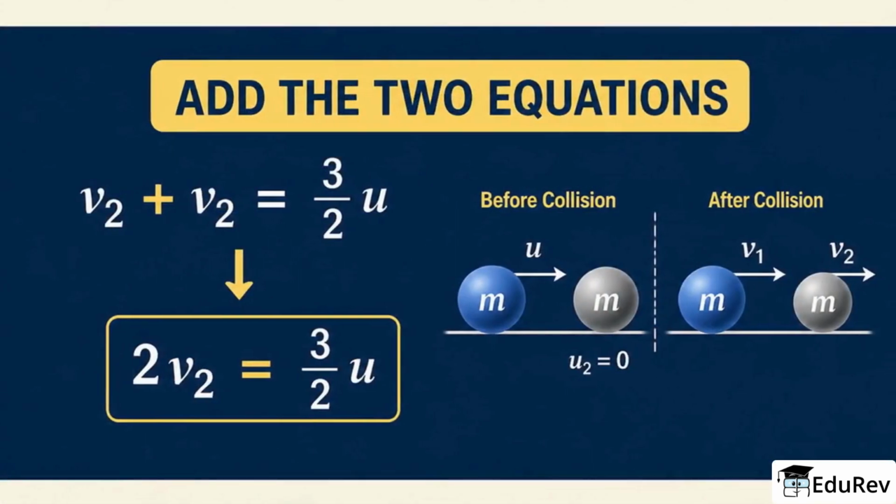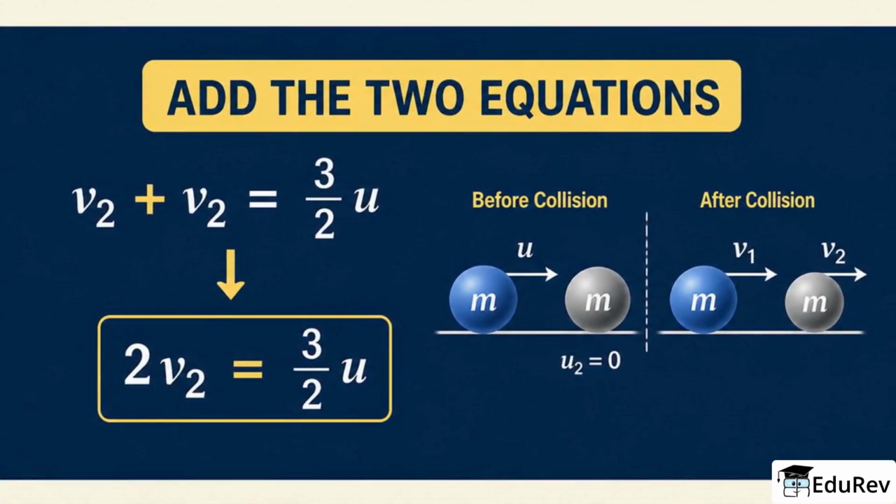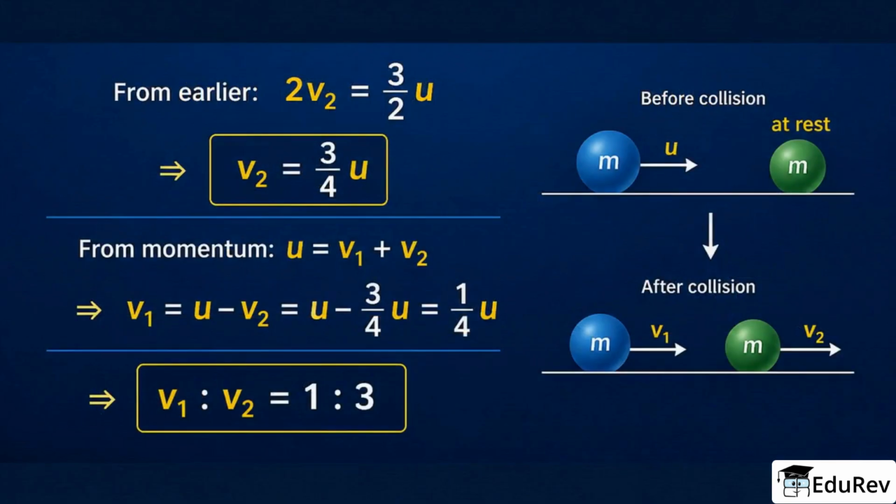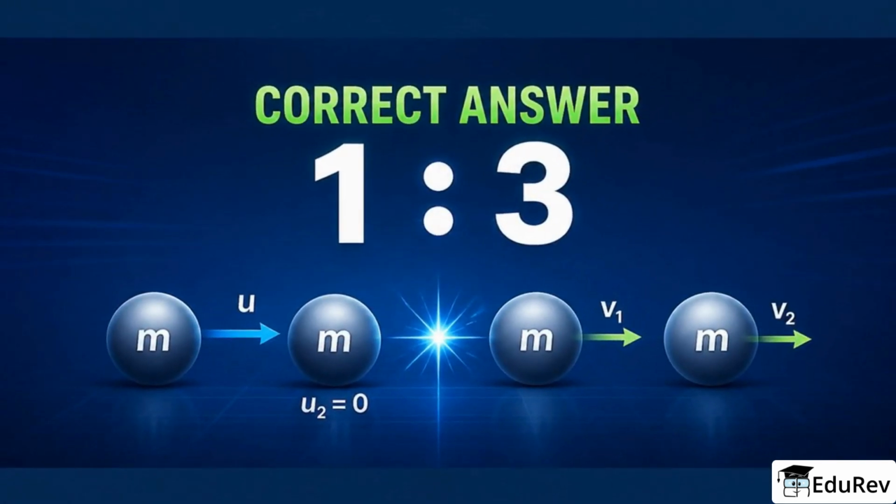Now add the two equations. 2 times v2 equals 3/2 times u. Thus v2 equals 3/4 times u, and v1 equals u minus v2 equals 1/4 times u. So the ratio v1 to v2 is 1 to 3. So the correct answer is 1 to 3.